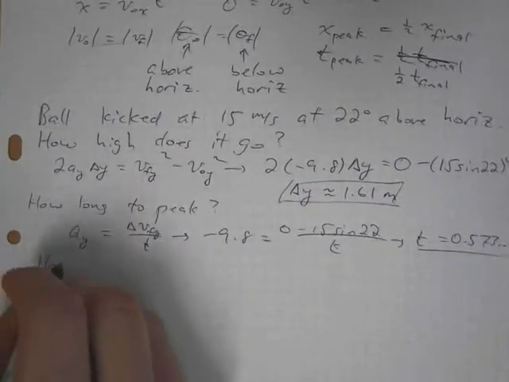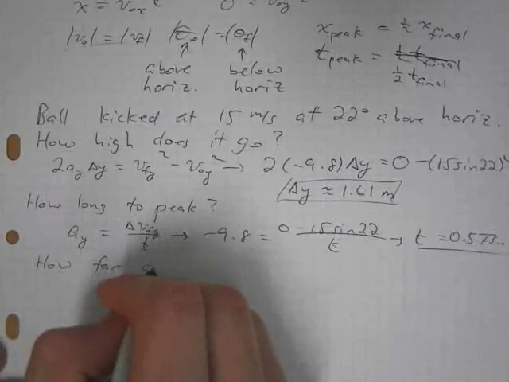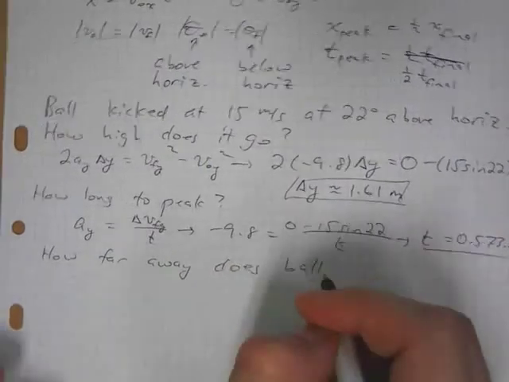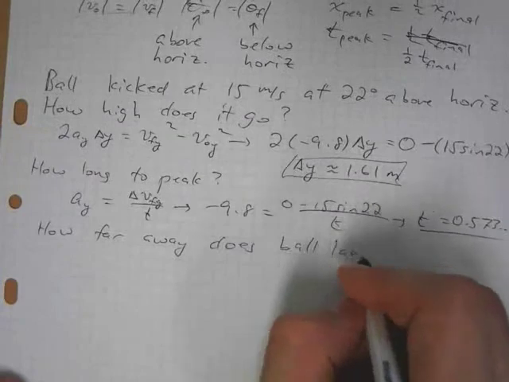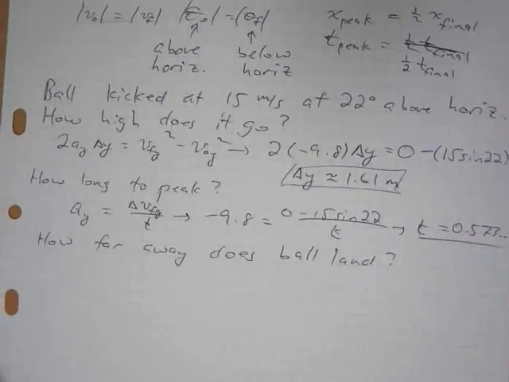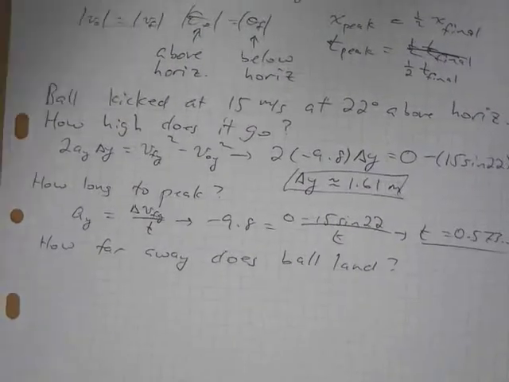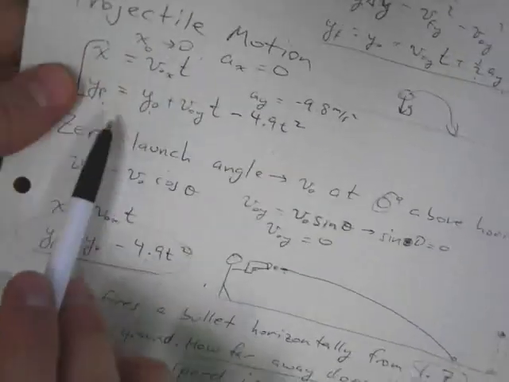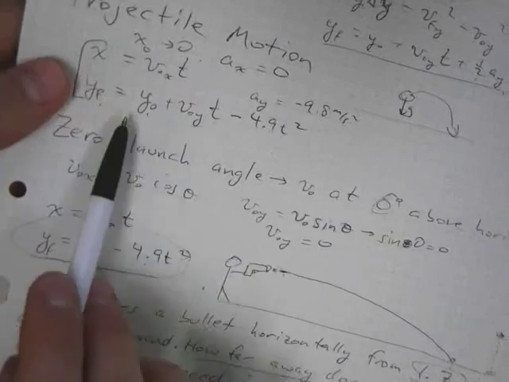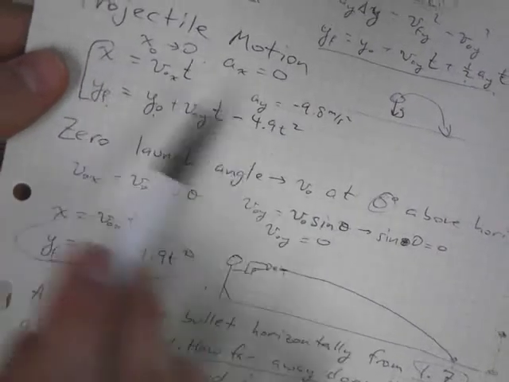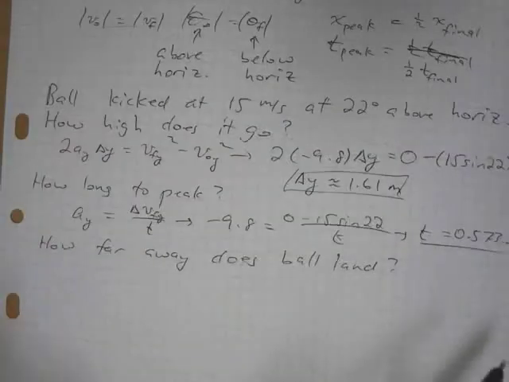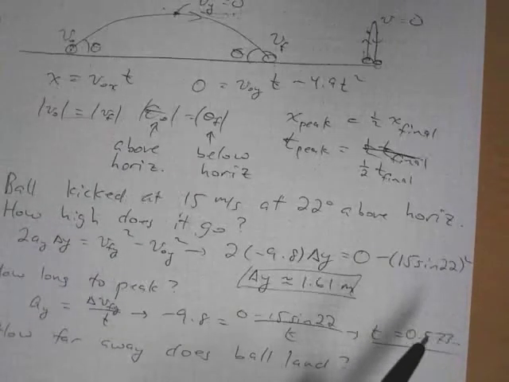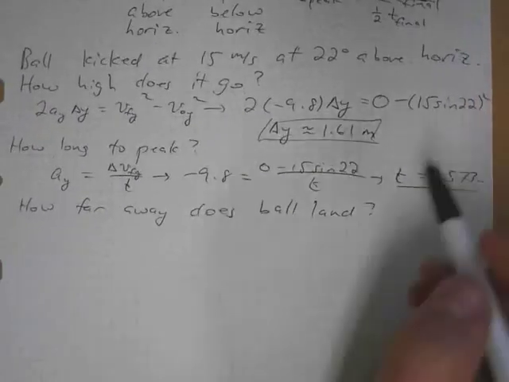All right. Now let's say I ask, how far away does the ball land? Now we could do the same thing that we did when we were just applying the kinematic equations. We could solve the y equation, plug in 0 here, solve for time, and plug that into the x equation. But using what we've already found, we can exploit the properties of this motion, because we know this time to peak is half the total time.